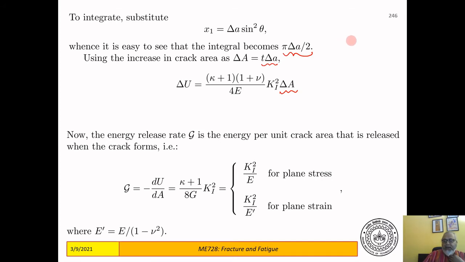Also, you use the fact that mu is equal to E by 2 into 1 plus nu. So if you use that, this is mu. I'll correct it in the notes.